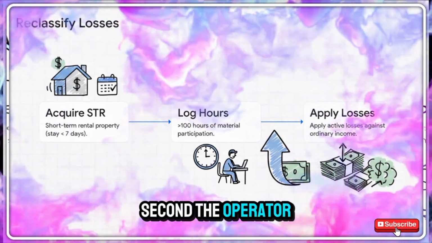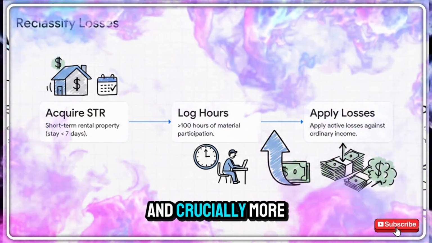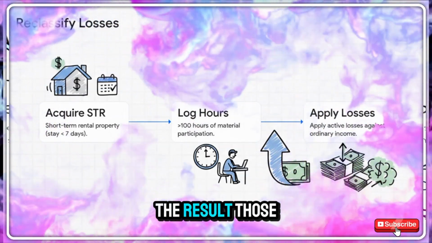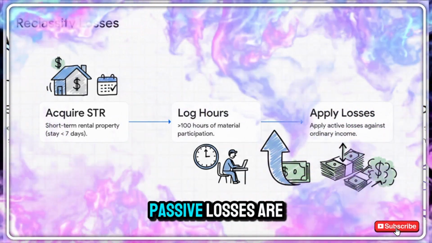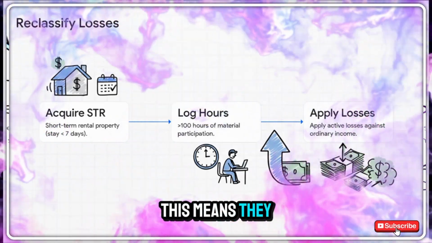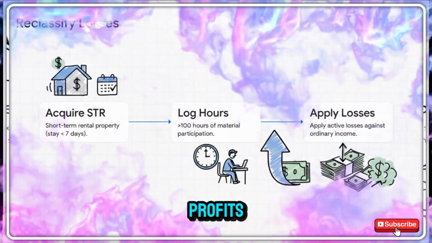Second, the operator must log over 100 hours of material participation, and crucially, more hours than anyone else involved. The result? Those previously trapped passive losses are mechanically reclassified as active. This means they can directly offset your high W-2 salaries or business profits.